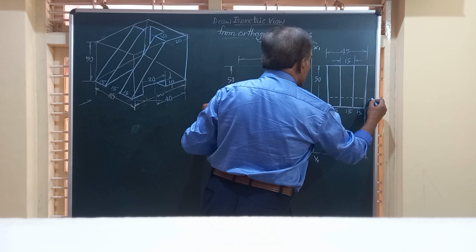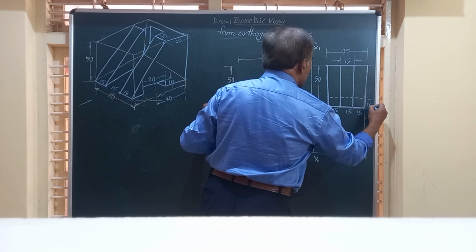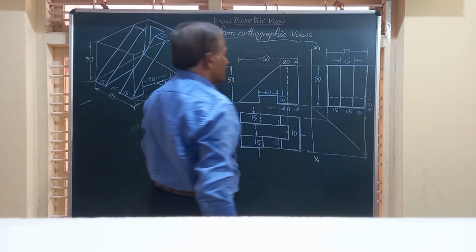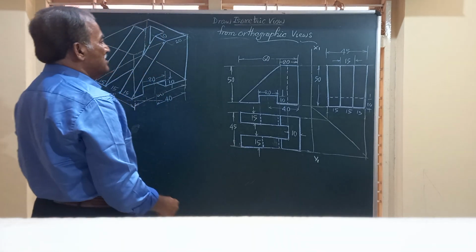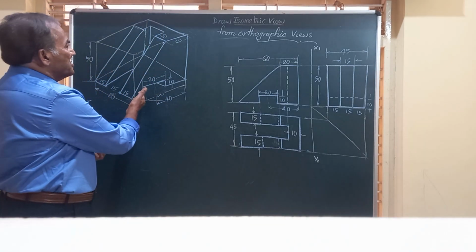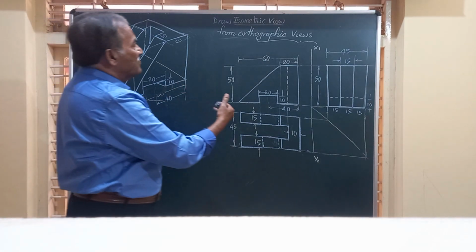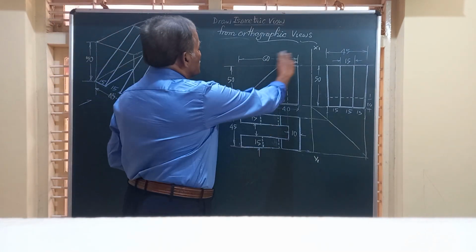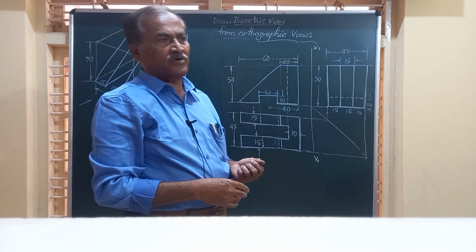So this height is equal to 10 millimeter. That's why, friends, this is how we obtain the isometric view of a solid whose orthographic views are given.